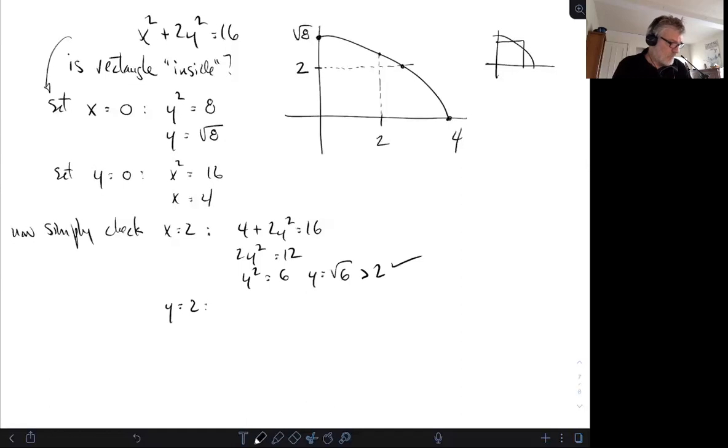Now y equals 2: that's x squared plus 8 equals 16. So x squared equals 8, so x is the square root of 8, which is bigger than 2, and we're happy, right? So these two values are bigger than 2. So the point (2, 2) is inside. All is good, okay?